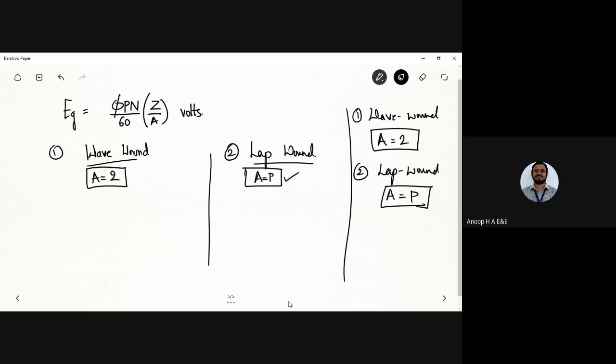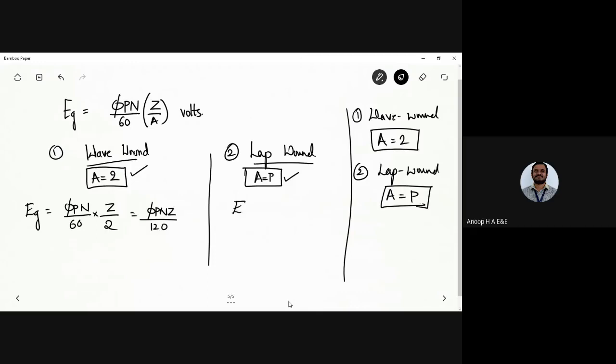So the number of parallel paths equals the number of generator poles for lap wound, and equals 2 for wave wound. So how do I get EG? For wave wound, EG would be ΦPN divided by 60 into Z by 2, that is ΦPNZ divided by 120.